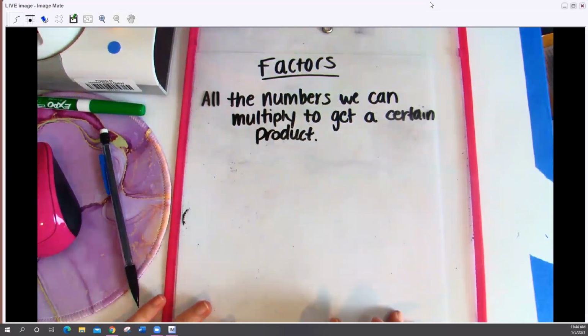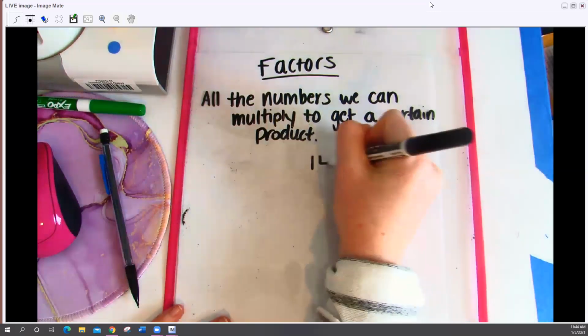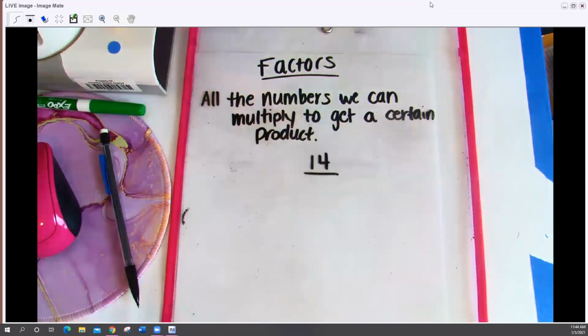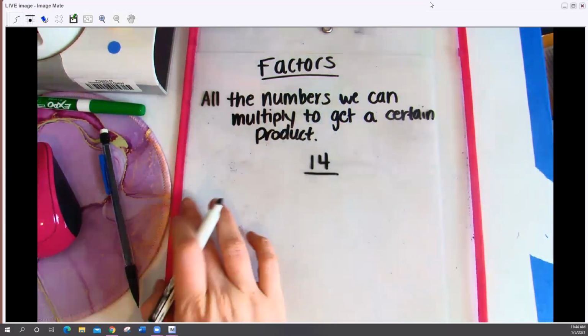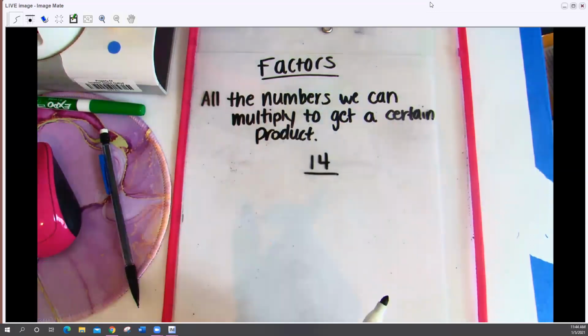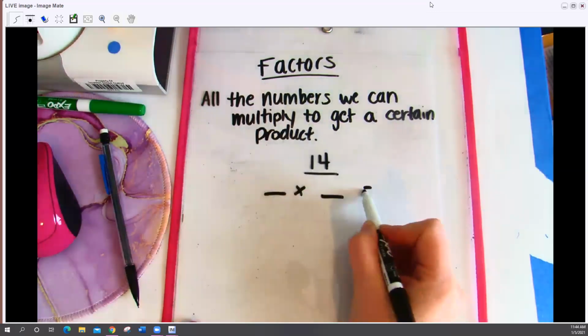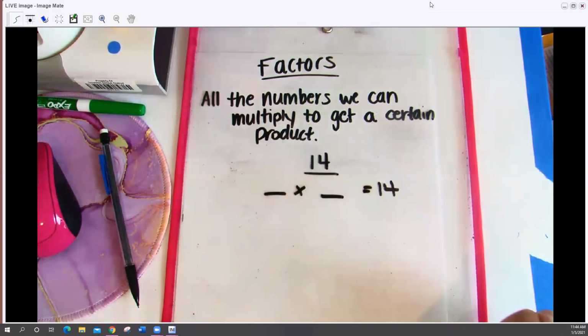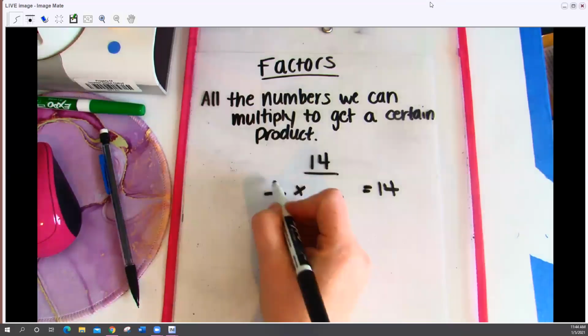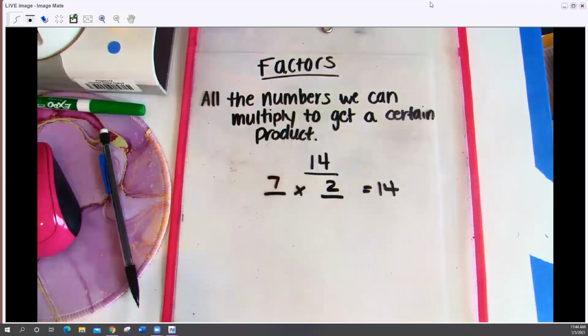So we're going to start off with the number 14. Again, if you came to our Google Meet, this is just a review. We want to find out what we can multiply together to get an answer of 14. So what can I multiply together to get 14 as my product? I know that I could do 7 times 2, and that would equal 14.